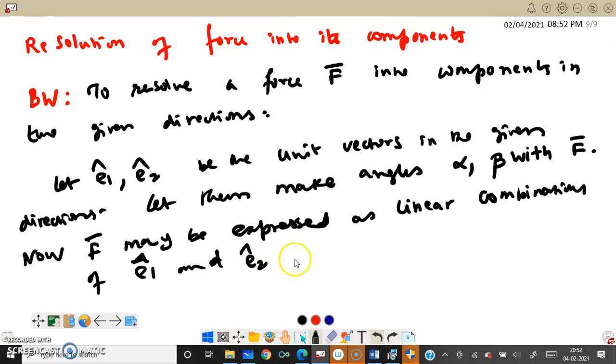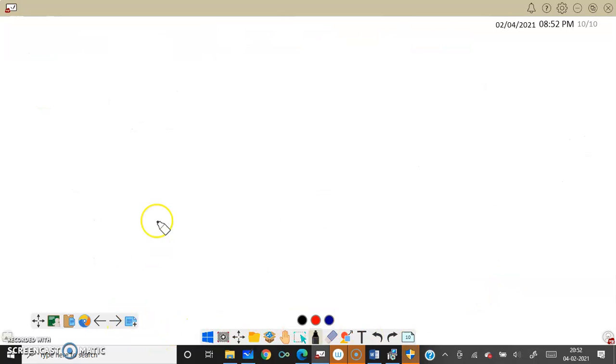These are the unit vectors. You know this already. F we can write as some constant times E1 cap and some constant times E2 cap. That's what we will see in the next board.